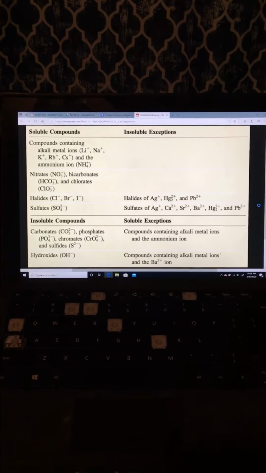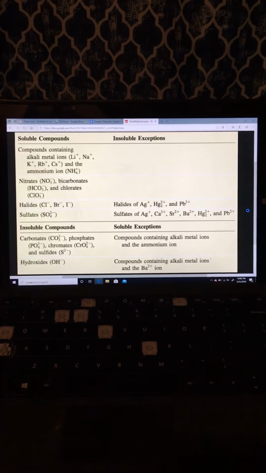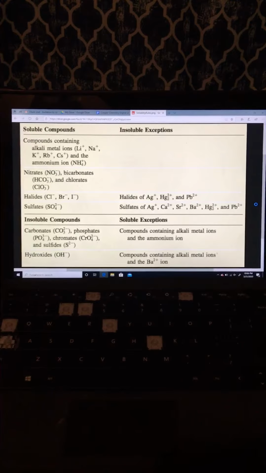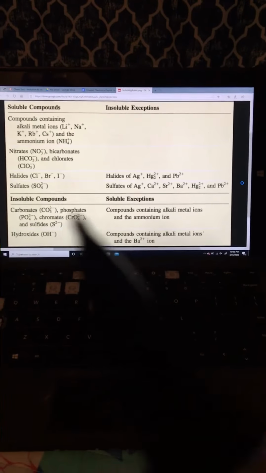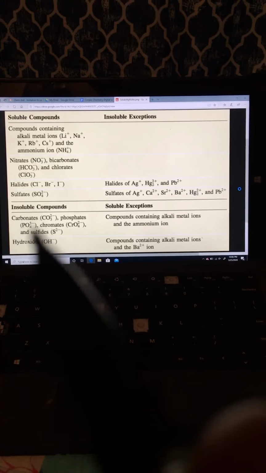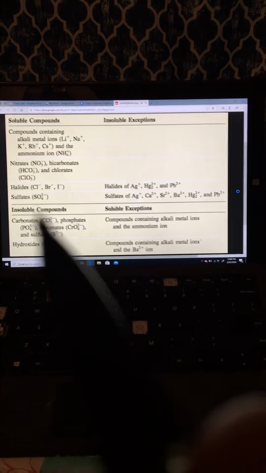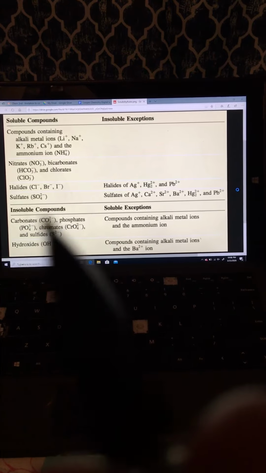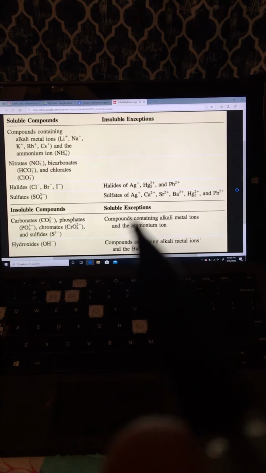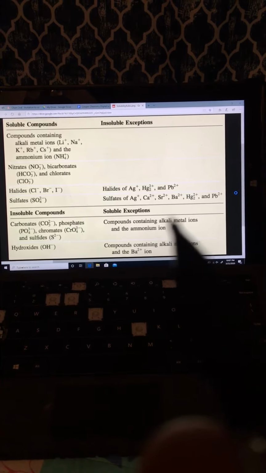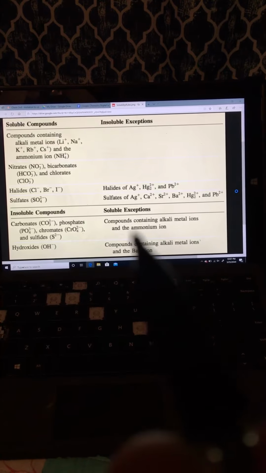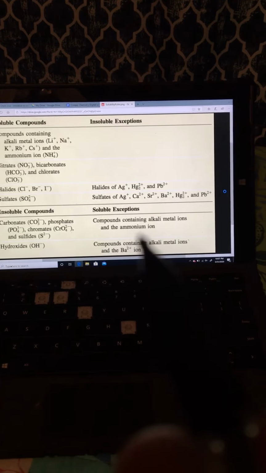So we already know there's nothing up here about Fe. What about CO3 2-? Do you see anything up here that might help us? Yeah. Under here, it says carbonates, or CO3 2-, are insoluble compounds, except when they are attached to an alkali metal or an ammonium ion.